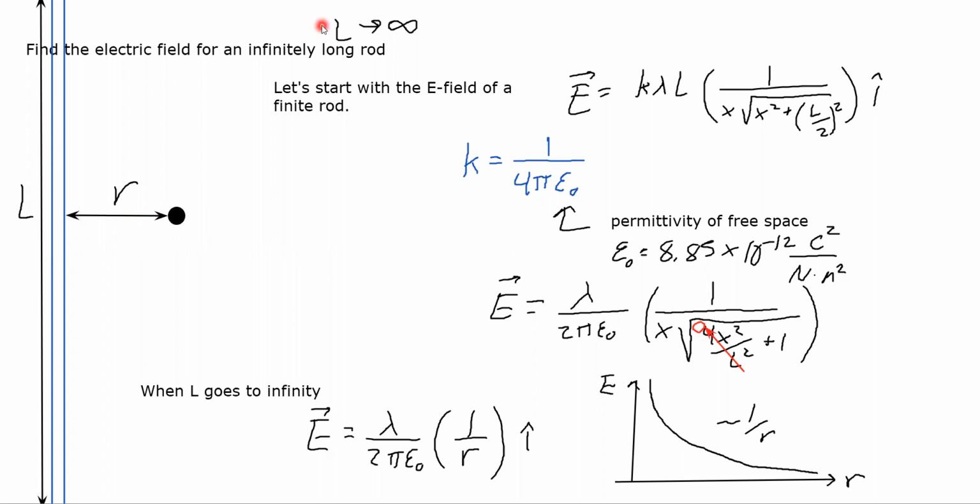Remember what the point charge was? The point charge would have dropped a lot faster, something like this, because the point charge is 1 over r squared. So the electric field for a point charge drops off pretty quick. For the electric field from an infinitely long wire, we saw this 1 over r relationship. So it does drop off, but it doesn't drop off as fast.